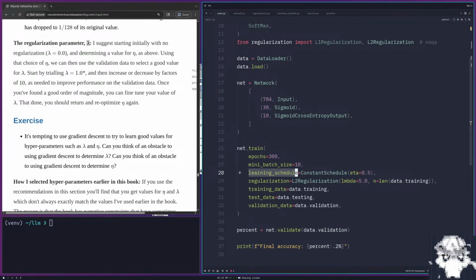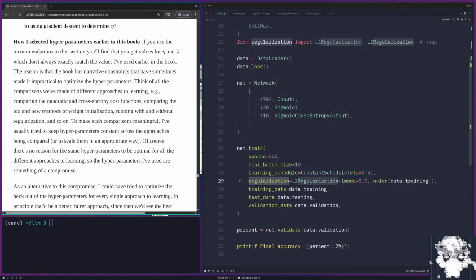It's just lambda that's the hyperparameter. You wouldn't want to vary lambda during the training, but you would want to vary eta during the training. So I think finding a good lambda is something that should not be part of the training.